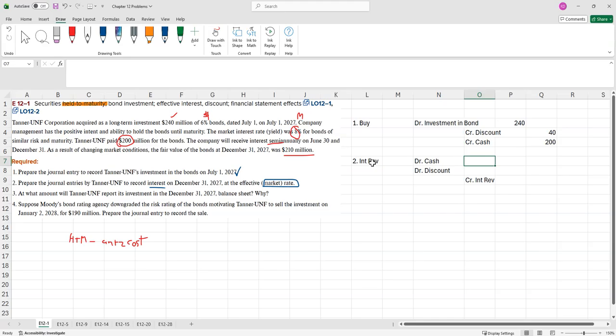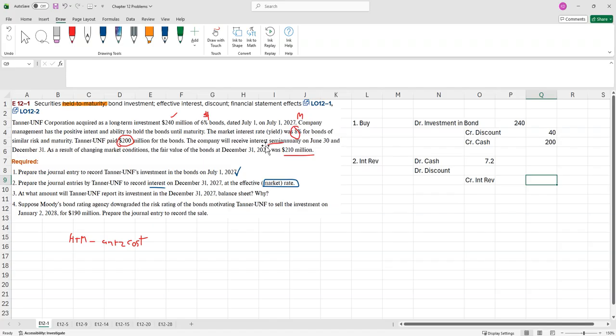Let's talk about what numbers go in there. For cash, it's going to be essentially 3% times 240 million, 3% because it's 6% divided by 2 because it's semi-annual. So it's 7.2. That's great.